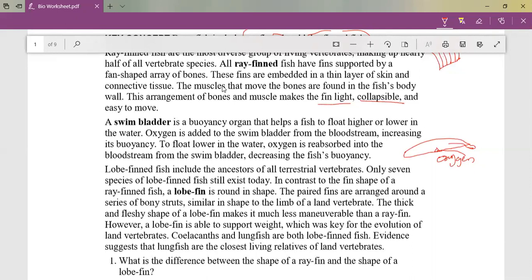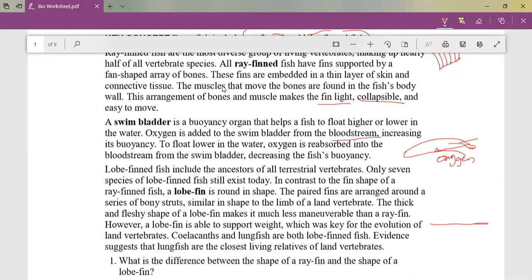So it goes down the water level, and if it wants to rise to the top, it's going to take oxygen out to the blood. The point I'm making is that it adds oxygen to the swim bladder from the bloodstream, increasing its buoyancy.